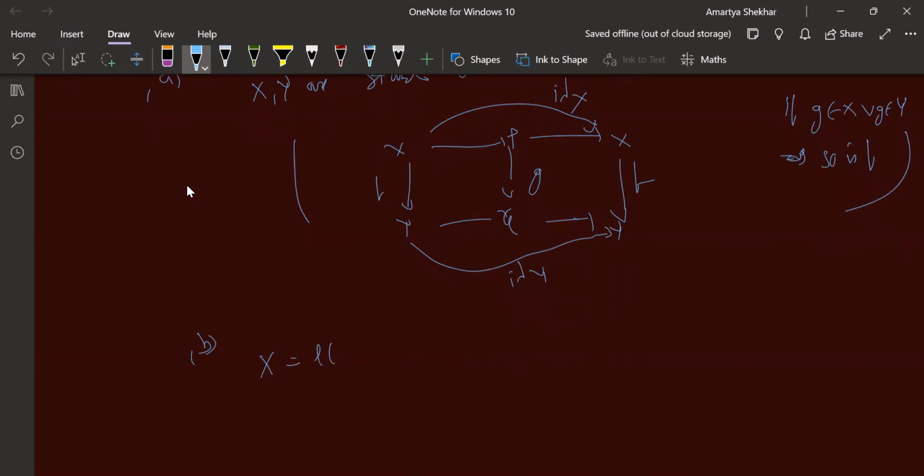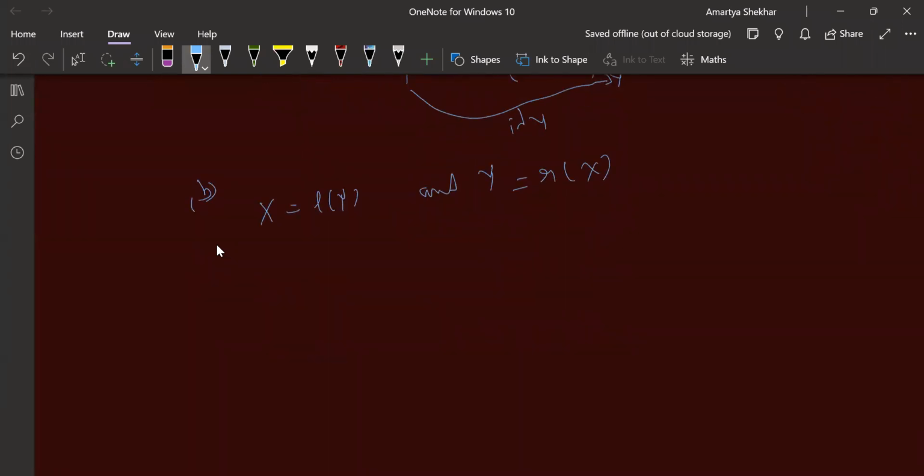And X is equal to L of Y, where L of Y is the class of morphisms that have the left lifting property with respect to Y. Okay, I think that's understood. And Y is equal to R of X, where R is defined vice versa: maps having the right lifting property.